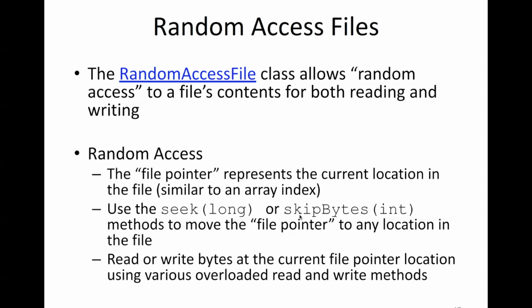From whatever point I'm at, I can call skipBytes, pass some number, and I'll skip ahead that many bytes. If you put 0 there, you're not moving. And if you put a negative number there, it also doesn't move. It seems like skipBytes might go backwards if you put a negative number there, but according to the documentation, that's not what it does. It just ignores that. Okay, so that allows you to move the file pointer wherever you want it, and then to read or write from that location.